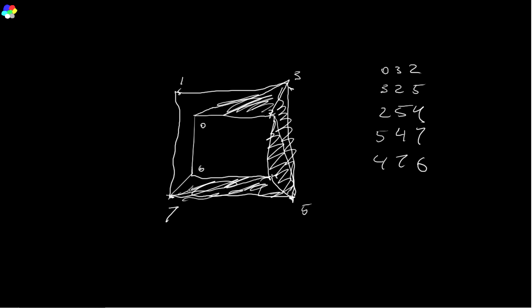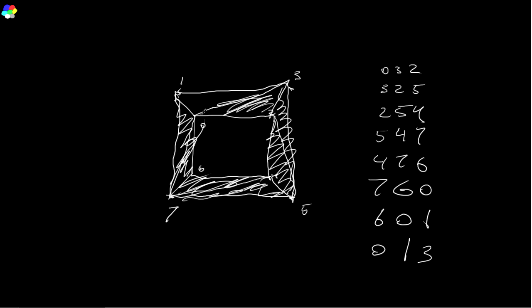Then 7, 6, 0. Then 6, 0, 1. And then 0, 1, 3, and that will draw the last triangle.